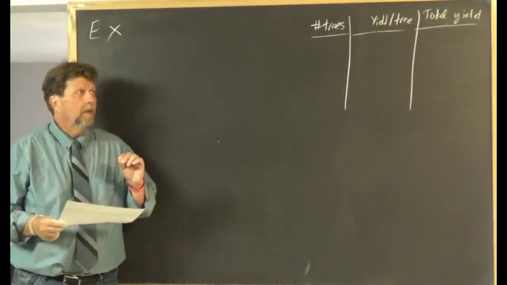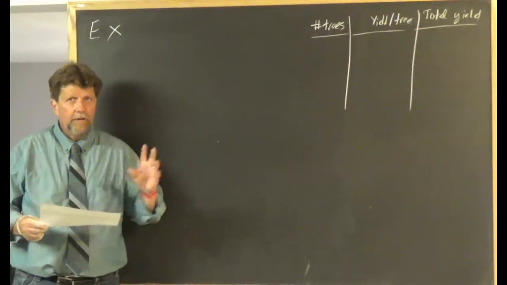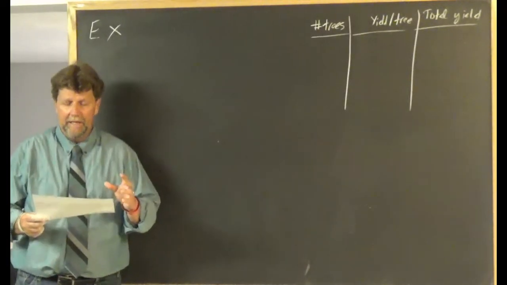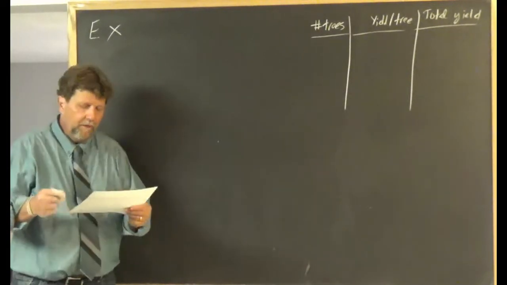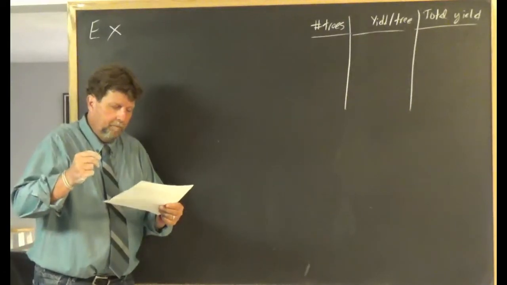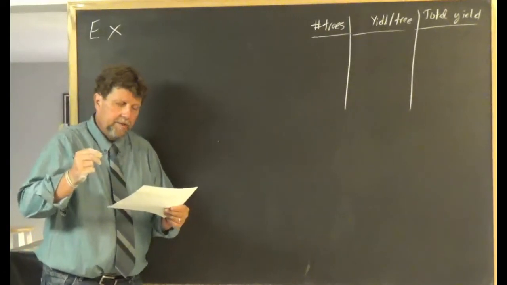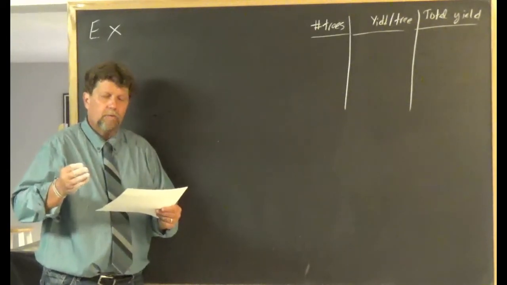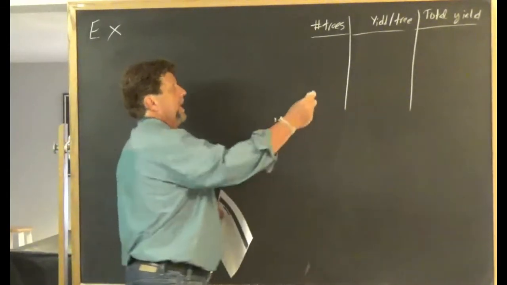I have a little work to do here, and I made a table, like a chart over here, to try to figure out what is happening in this problem. So we know that if we have 40 trees per acre, 40 or fewer, you're going to get 300 apples per year. So let me put that in here.